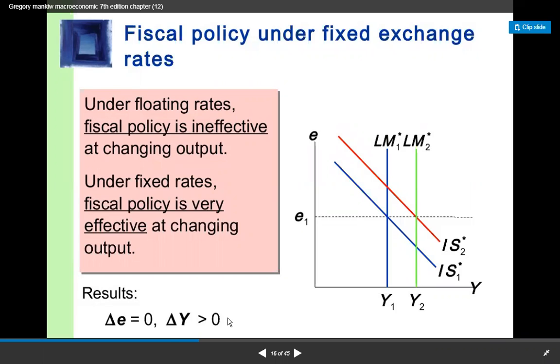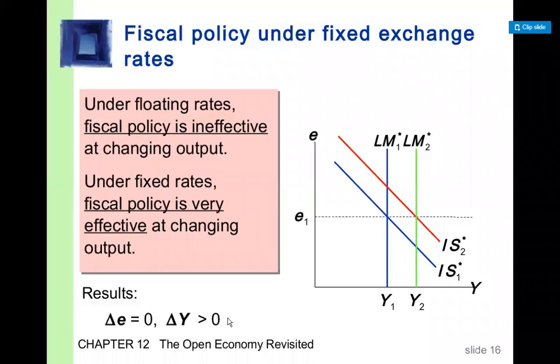So this is the effect of expansionary fiscal policy under fixed exchange rate in recession on Mundell-Fleming equilibrium exchange rate and income level. So again you read this one.